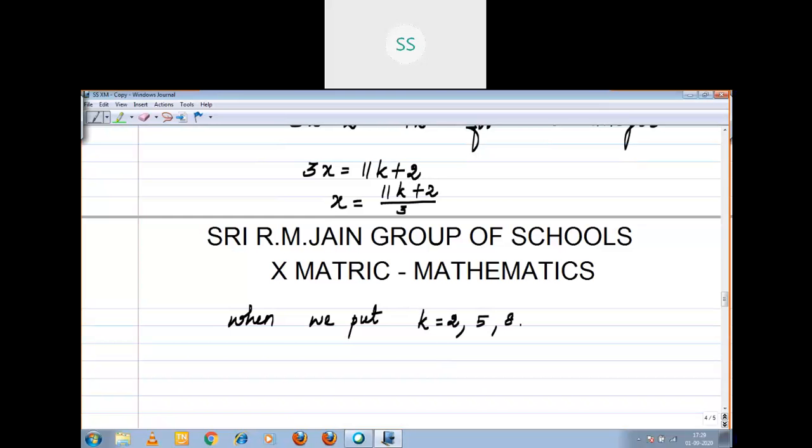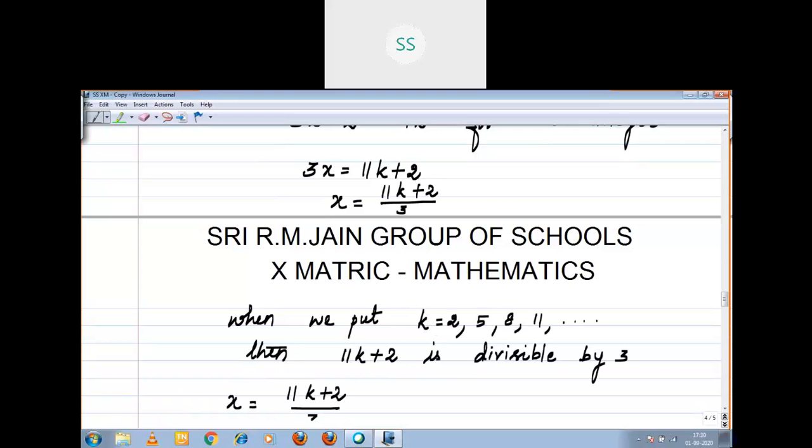Like that you will get the numbers, right? 11, etc. Now, 11k plus 2 is a multiple of, is divisible by 3.